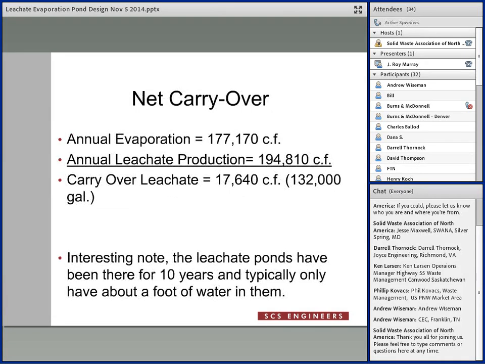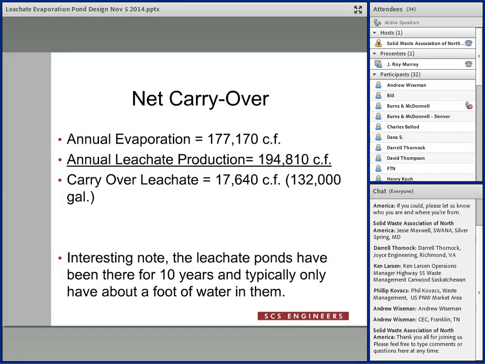So our net carryover, we've got annual evaporation of 177,000 cubic feet, and we're producing 194,000 cubic feet, which means that we're going to have to hold 17,000 cubic feet, or 132,000 gallons, that would be in that pond.